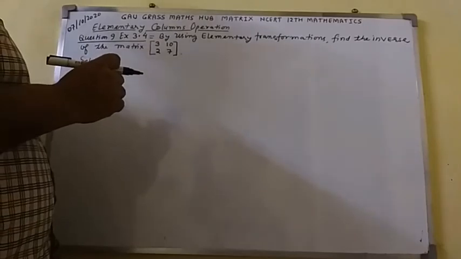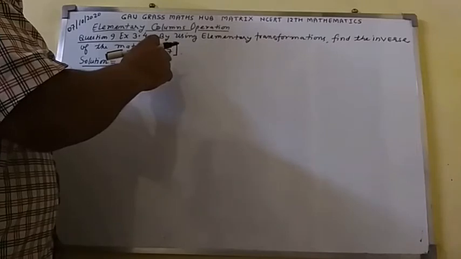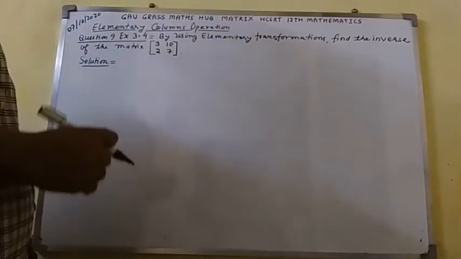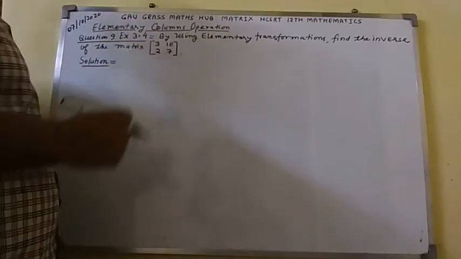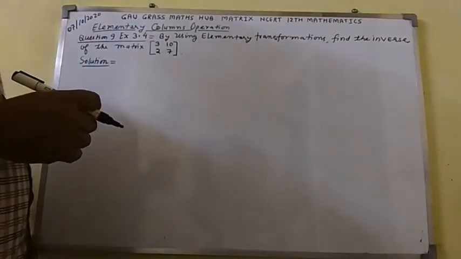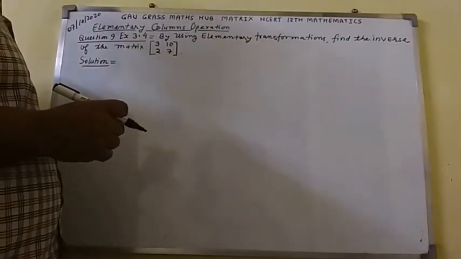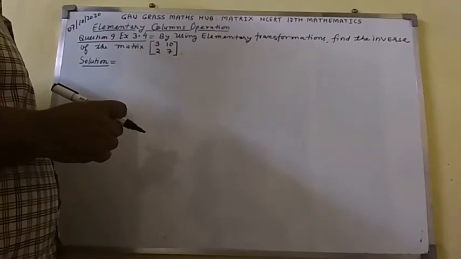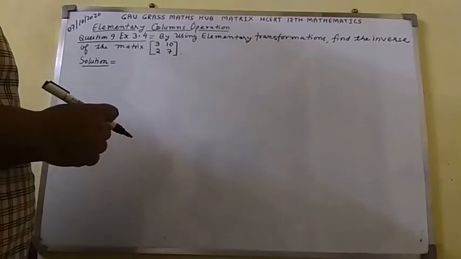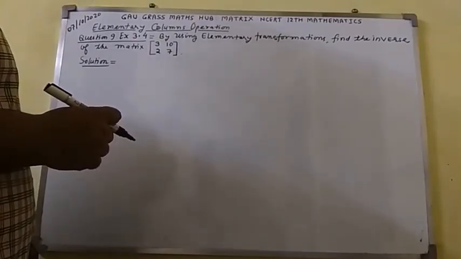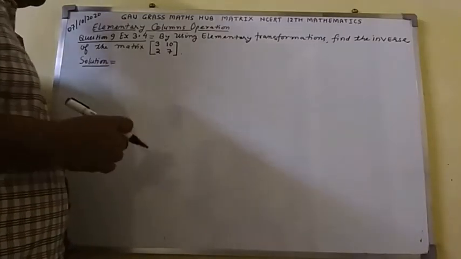you only apply elementary row operations in order to get the value of the inverse. Don't apply elementary column operations there, because the process of elementary column operations is very tedious and very hard to carry out for getting the value of the inverse of any matrix.